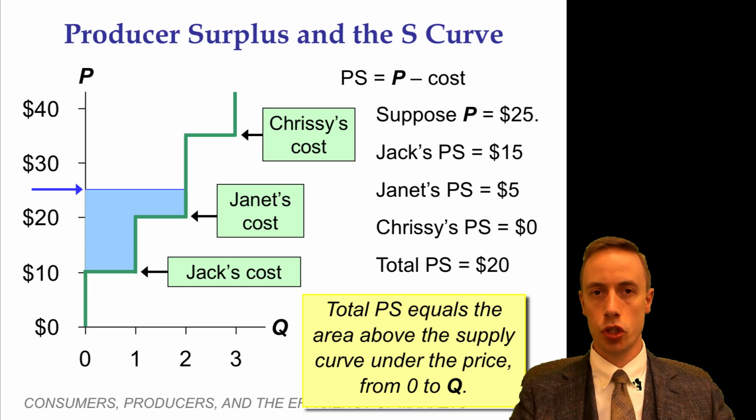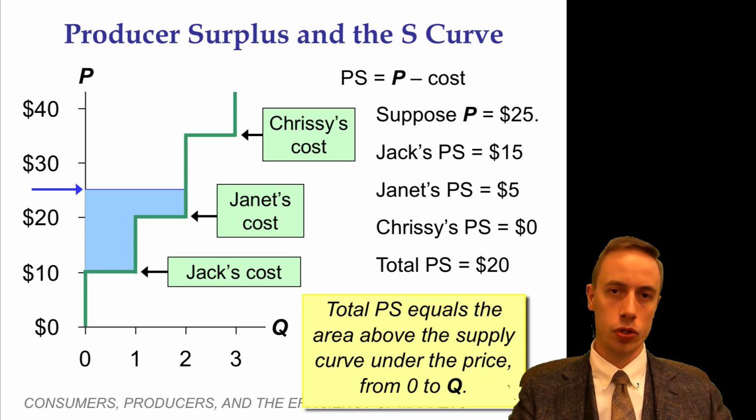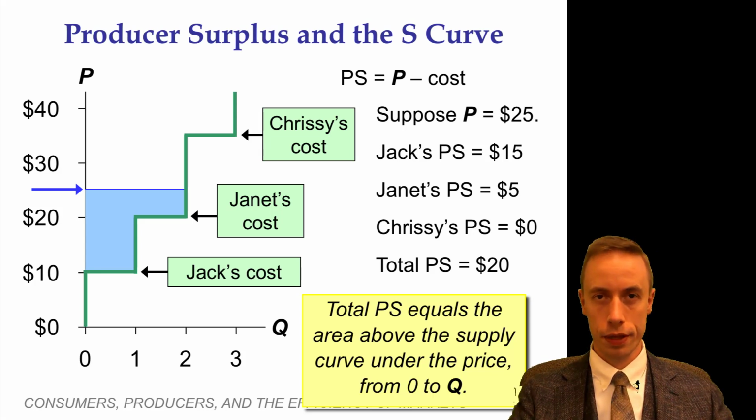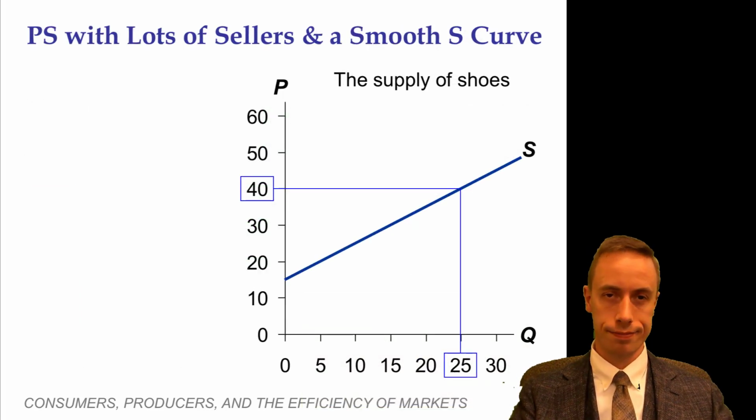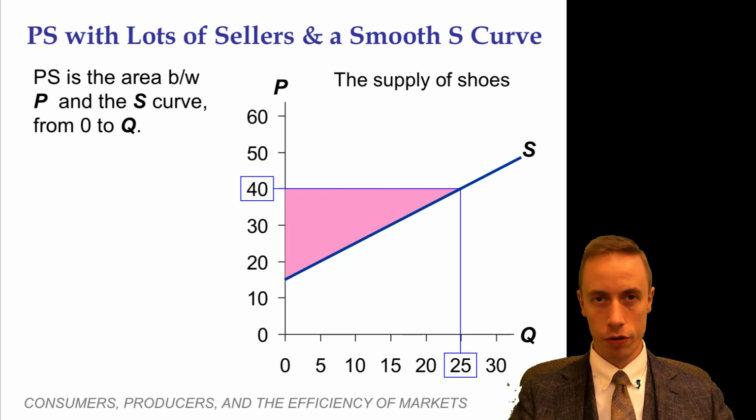Now, this is producer surplus when we are looking at this distinctively stepped supply curve that results from having a supply schedule with every possible point on it. But that's not what we do most of the time. Most of the time, we have supply curves that look nice and smooth like that. So let's go ahead and identify producer surplus here. Above the supply curve, below the price. Once again, we find a triangle. And once again, take extra care to determine its height.